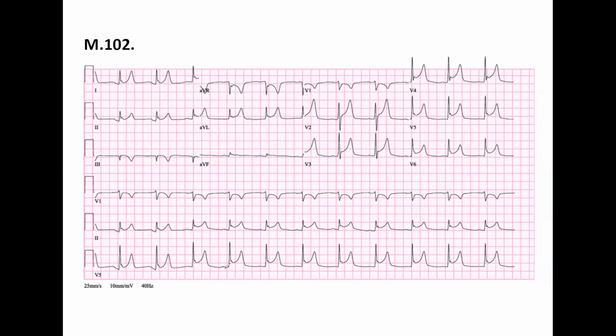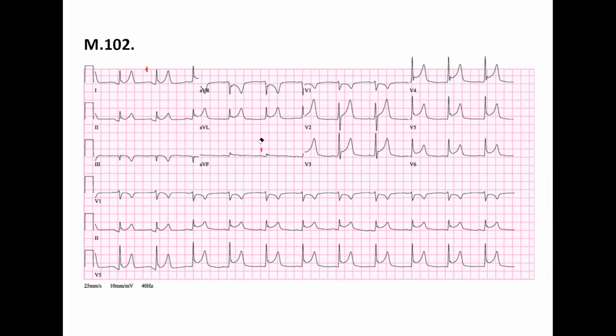And for the axis, both lead 1 and AVF are positive, so it means it's between 0 and 90 degrees. But because AVF is a small one, it's almost zero, so you can assume it is around 0 degrees. Very good, around zero.